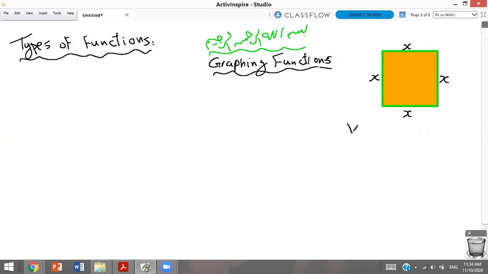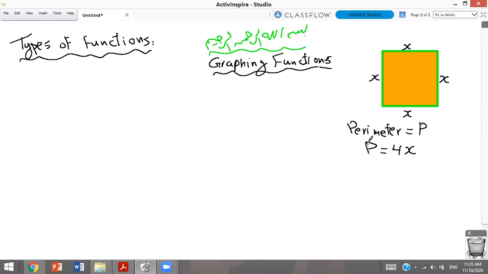Then if I have the perimeter, I refer to the perimeter by the letter P. Any problem? Okay. Now we can say that P equals how many x? 4.